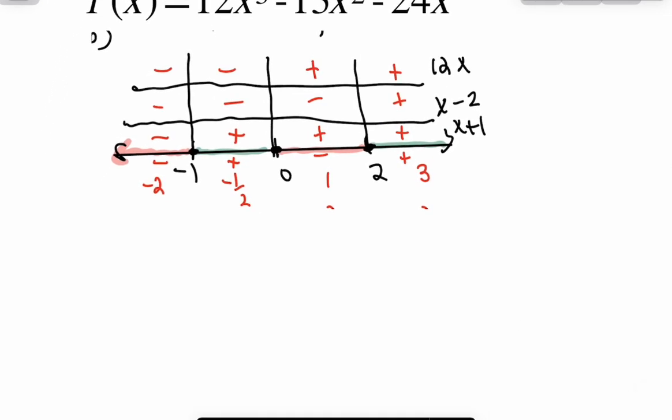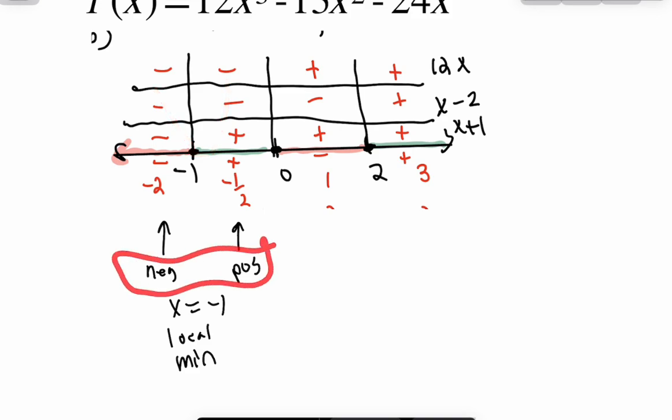And if we want to find the maxes or mins, I already gave you the information earlier, but let's talk about what happens. If our first derivative goes negative, followed immediately by a positive, that has to be a local minimum, because our function went downhill then uphill. It was decreasing then increasing.